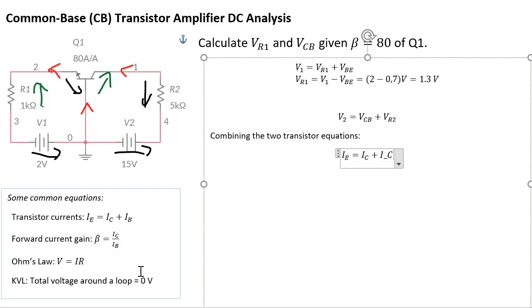If I factor out IC, I'll get 1 plus 1 over beta. Therefore I can write IC in terms of the equation that I just got, which is IE divided by all of this.